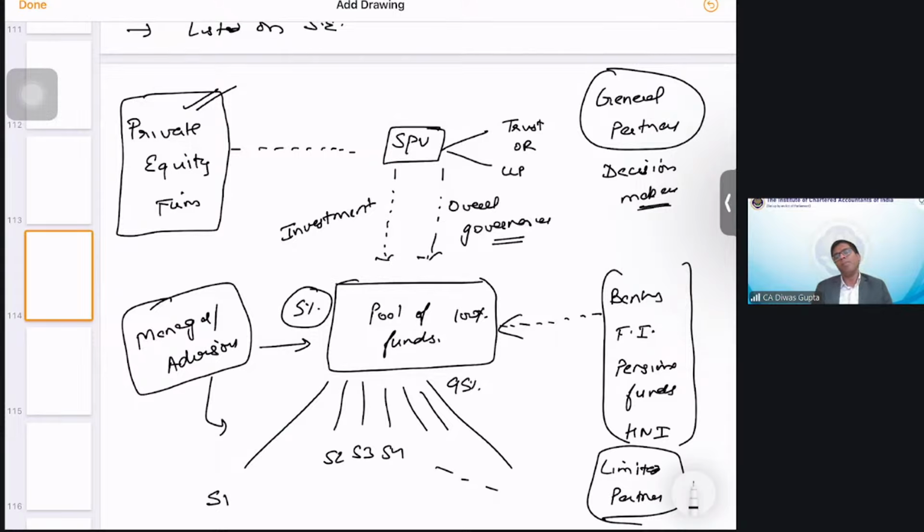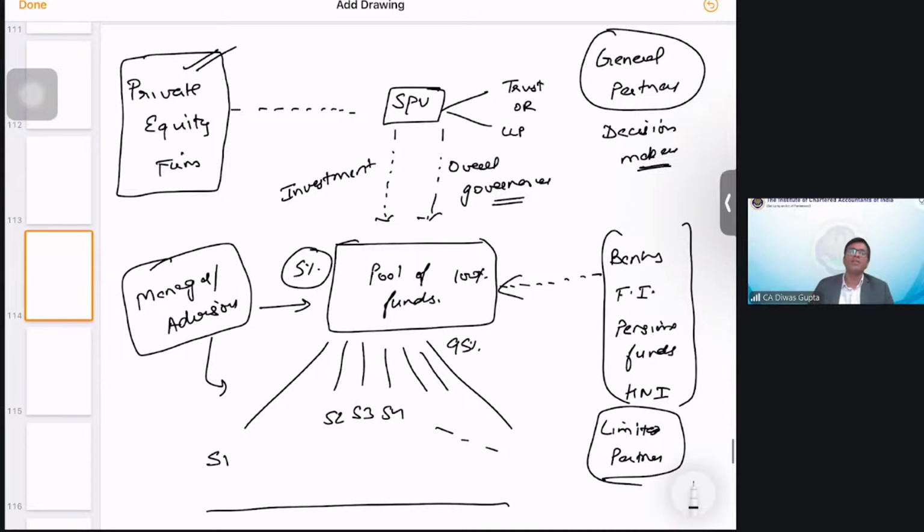Clear? So this is the overall structure of a venture capital firm, or let's say a venture capitalist, right?